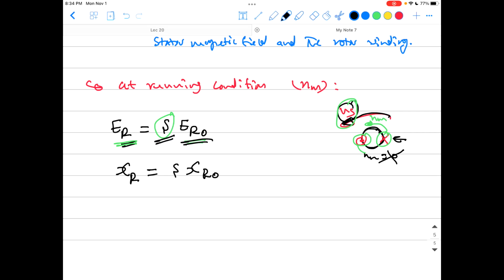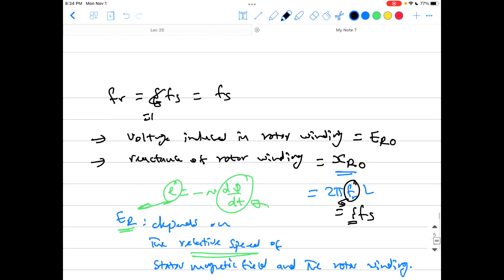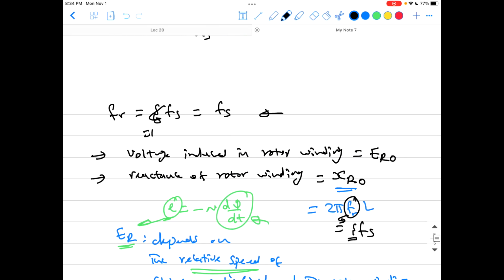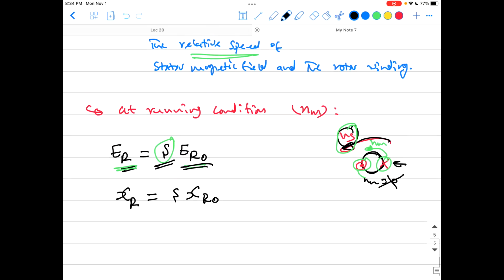The frequency of the rotor starts very high, equal to the stator frequency: Fr equals Fs, because the slip equals 1. But in the running condition, the frequency of the rotor winding equals Sfs, and the slip does not equal 1, because you have a speed now. Nm does not equal 0.